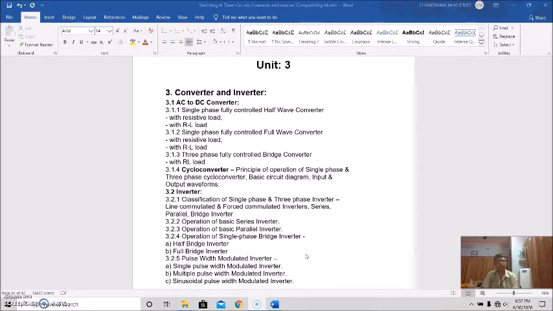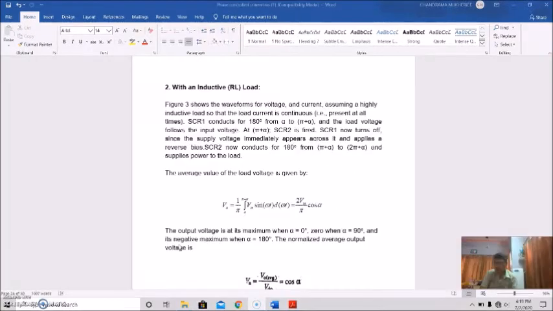So far we have completed two modules. In our last class, we were discussing single phase full wave converter, center tap type with resistive load.